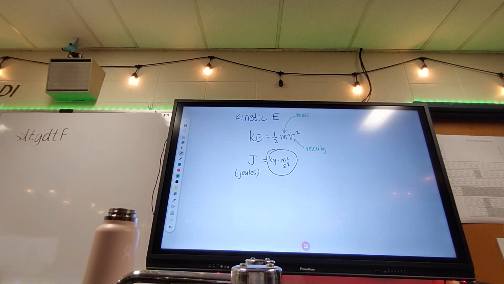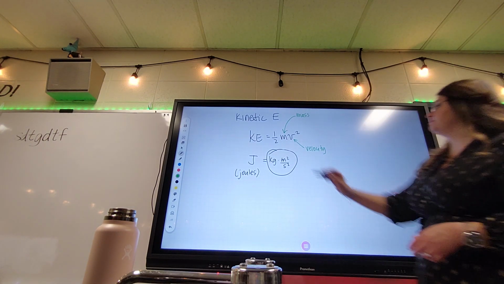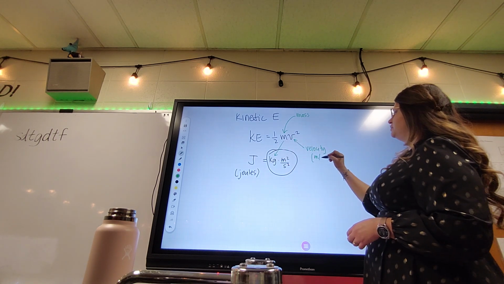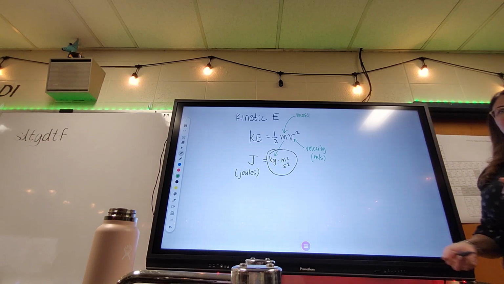Mass in kilograms, velocity in meters per second, but when we square that, it becomes meters squared per second squared.